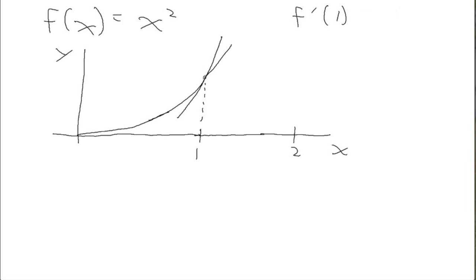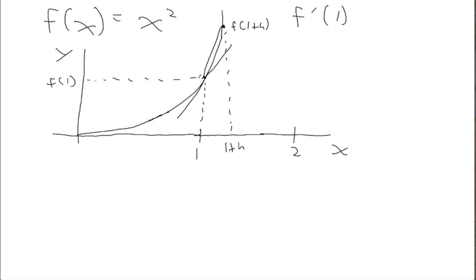Well, what we did was we said, draw a line between x equals 1 and another point on the graph, say, this point here. So this would be 1 plus h. Then this would be f of 1, and this would be f of 1 plus h.